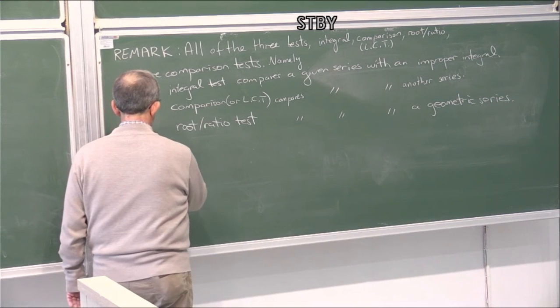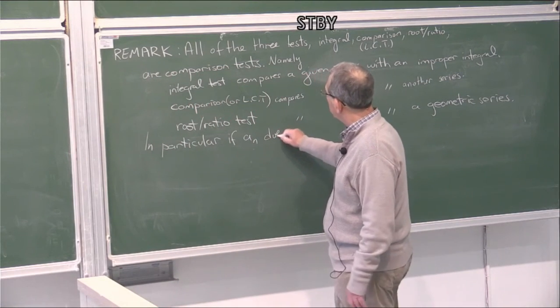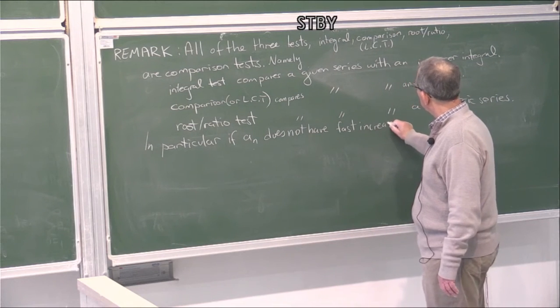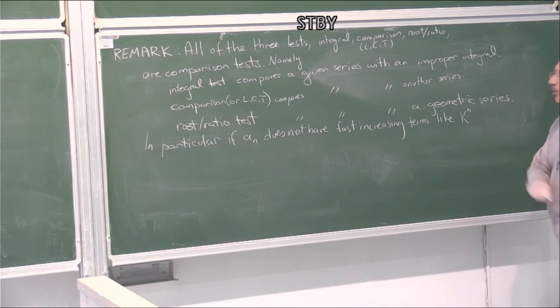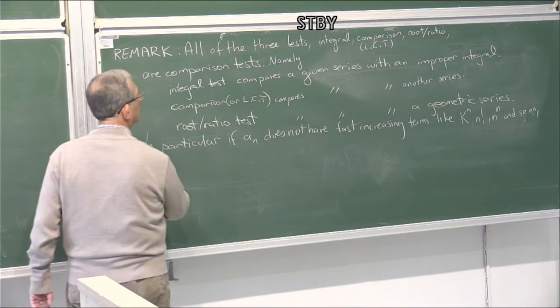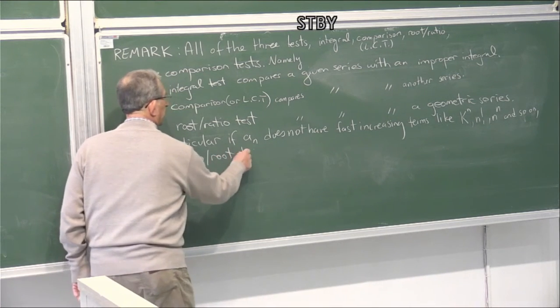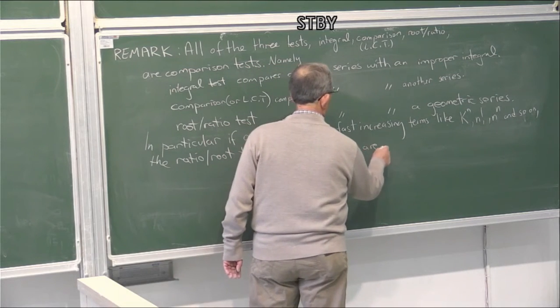In particular, if a_n does not have fast increasing terms like exponentials, factorials, n to the n, and so on, even if it's positive, and you can apply the ratio and root tests, the ratio and root tests give L equal to 1. So, they are inapplicable.